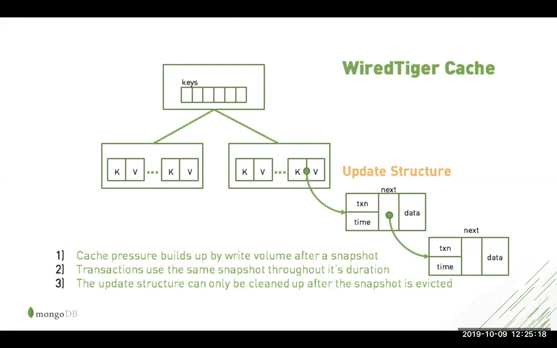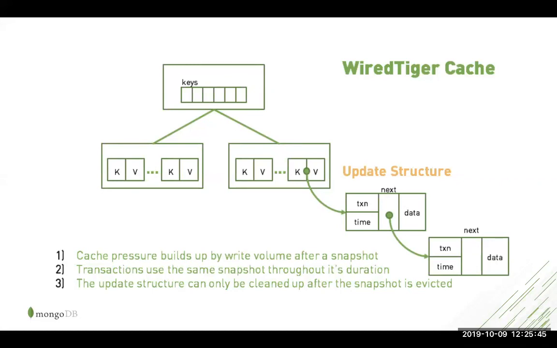Additionally, we have the WiredTiger cache structure, and how it works with transactions is another interesting consideration to have in mind as you move forward with transactions in production. So here we have how we structurally represent data in MongoDB, but the most interesting piece is the update structure.